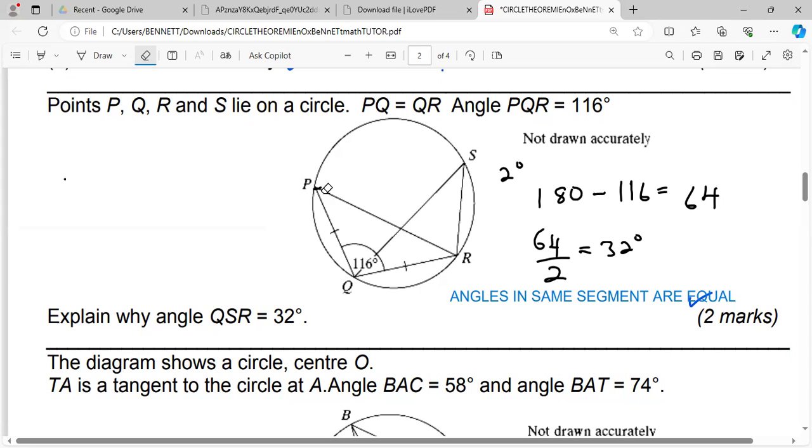But we see why it's 32, right? Once we can identify this isosceles, I think that was the key to it. This is an isosceles because I said this length is equal to this length. So if these two lengths are equal, it means that the base angles are equal. Let me try to draw it how it normally would look.